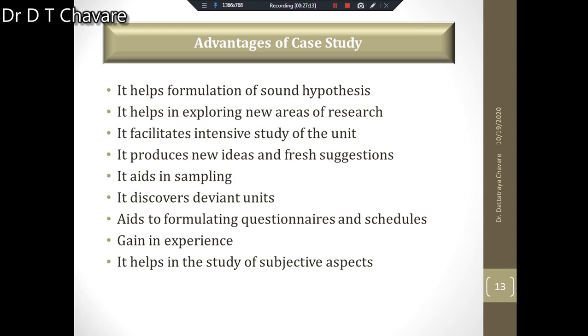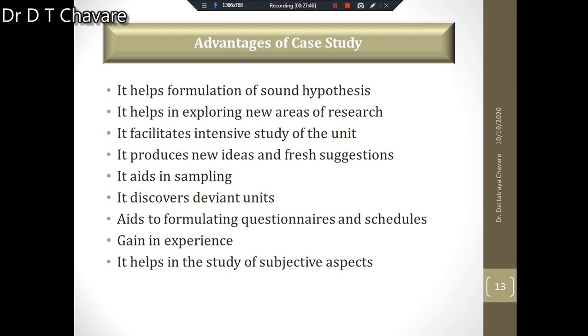Then the next advantage we have to understand, it aids in sampling. The case study's in-depth analysis reveals the true characteristics of the social unit, and this in turn helps in classifying the social units in a much more efficient manner while doing the sampling for the conduct of future social research. It means that with the help of case study method, you can collect the samples also effectively.